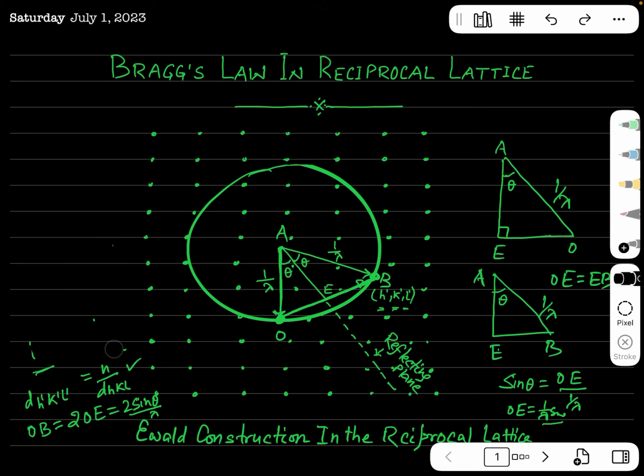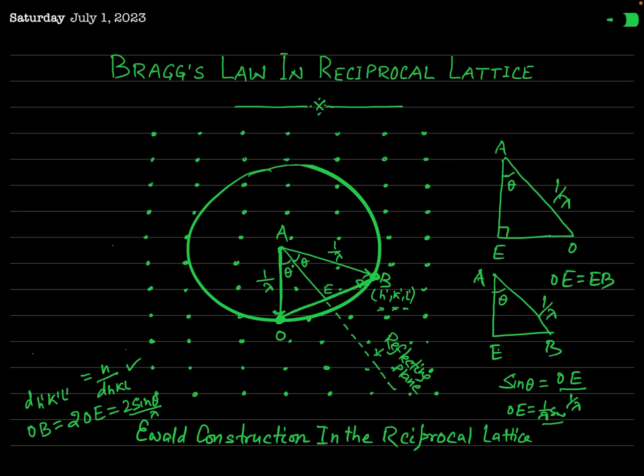You can see that OB is equal to n by DHKL, and also 2 sine theta over lambda. These two should be equal because both define the value of OB.